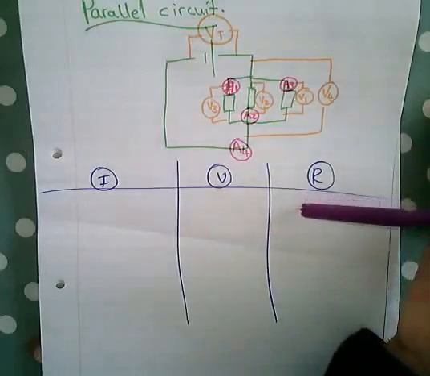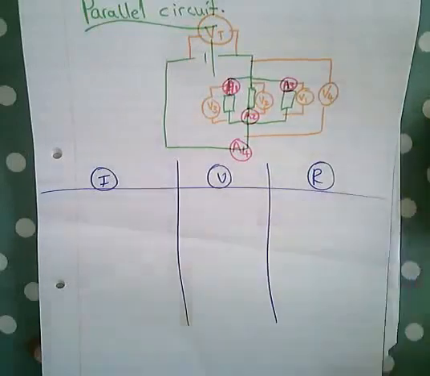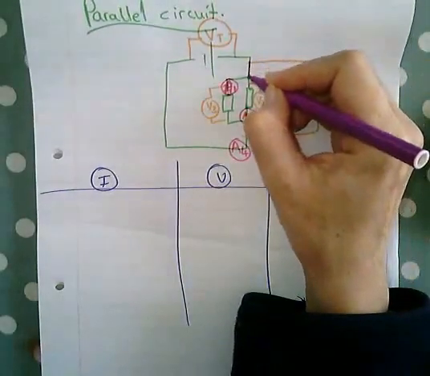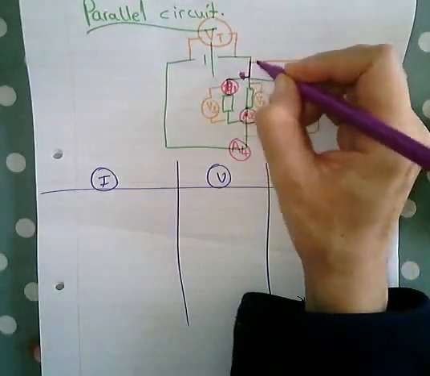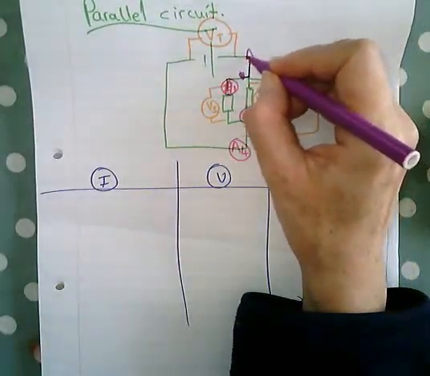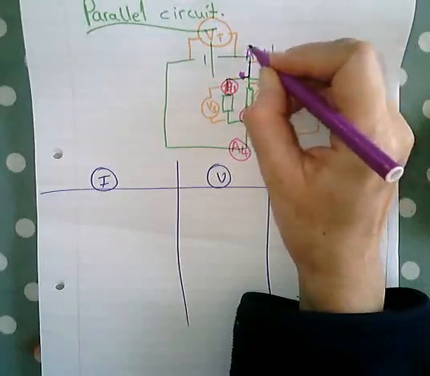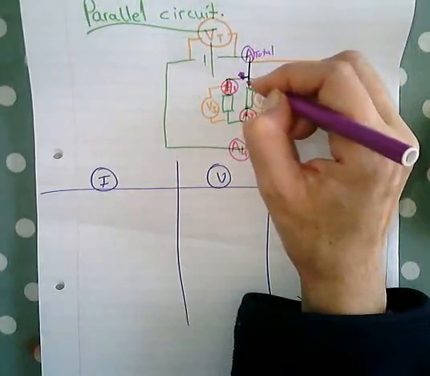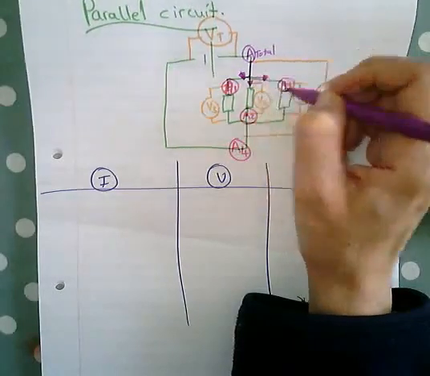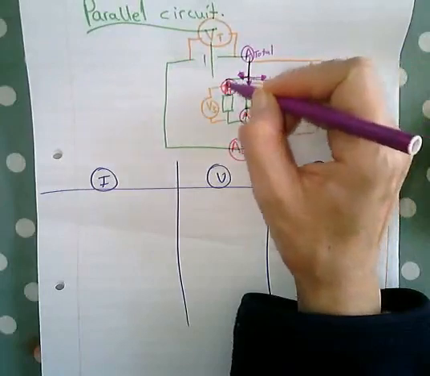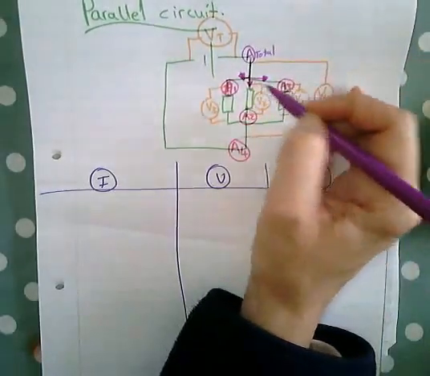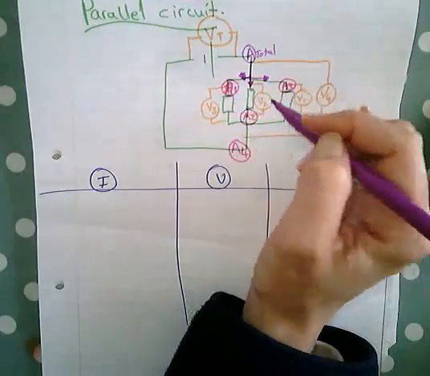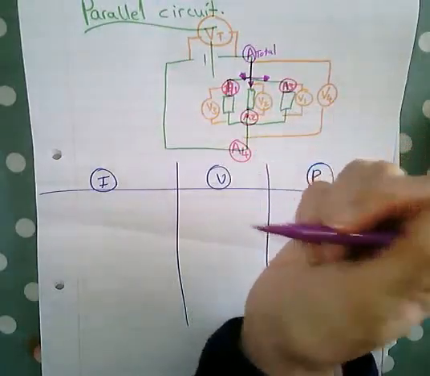Now with the current, the current here splits up. So here we still have the total current, right? And now here that current splits up. So some of the current goes through this resistor, some here and some there. And the amount of current that goes into each part of that parallel circuit is dependent on the resistance. And that dependence is inversely proportional.